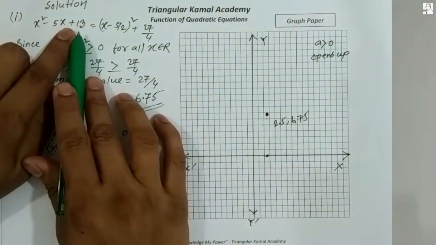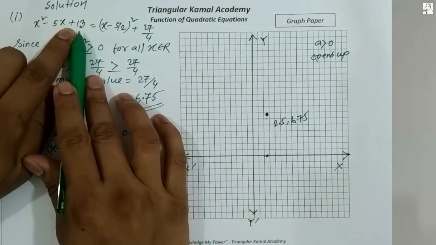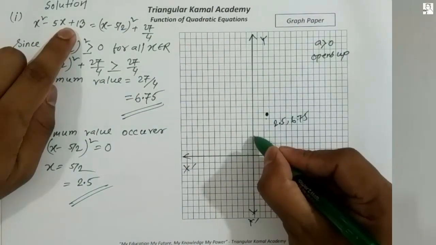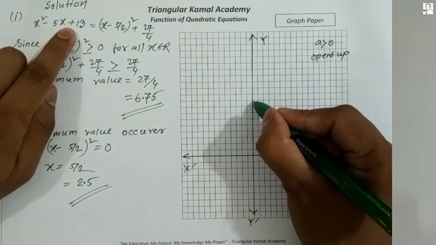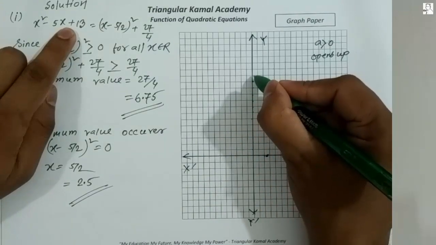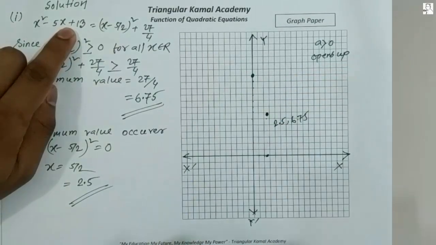At the point x equals 0, y is 13. So counting 1, 2, 3, up to 13. So at the point x equals 0, y is 13.